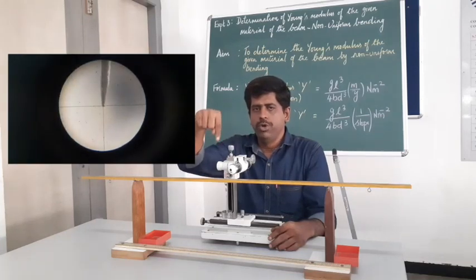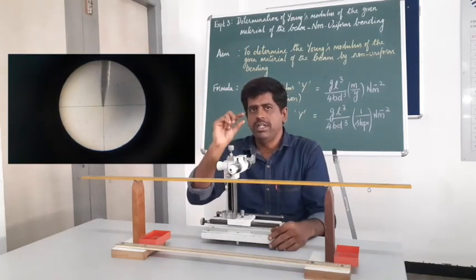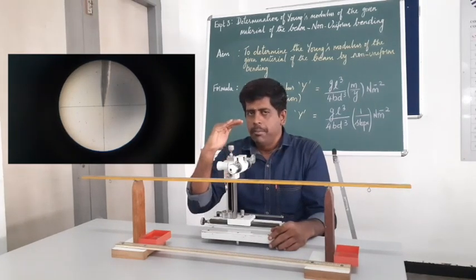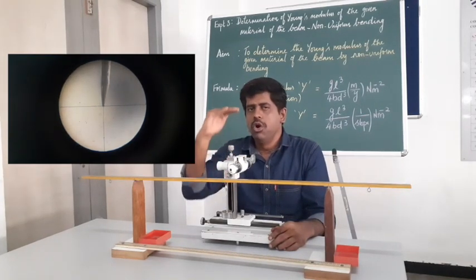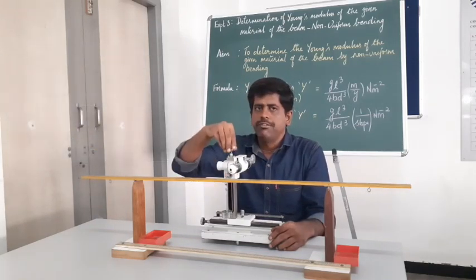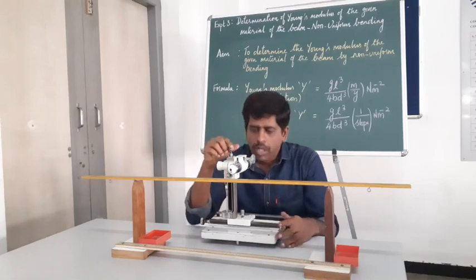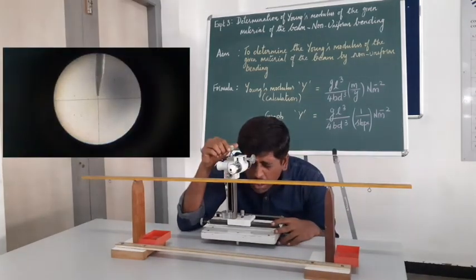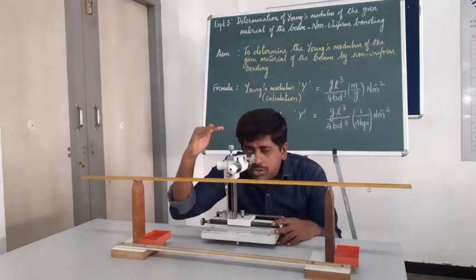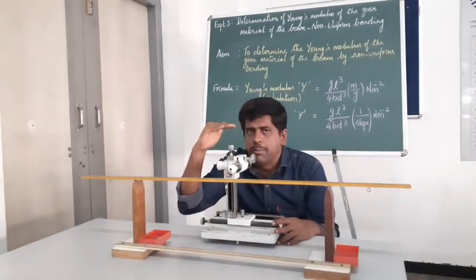Now the pin would have moved a very small distance apart from the horizontal cross wire. The depression can be noted through this fine adjustment screw. Now I will look through the eyepiece and use the fine adjustment screw such that the horizontal cross wire moves close towards the tip of the pin.